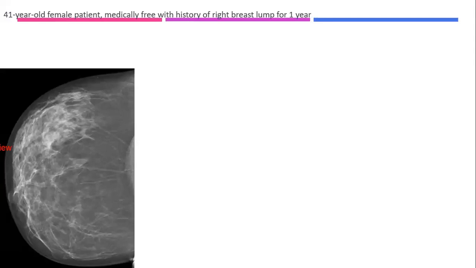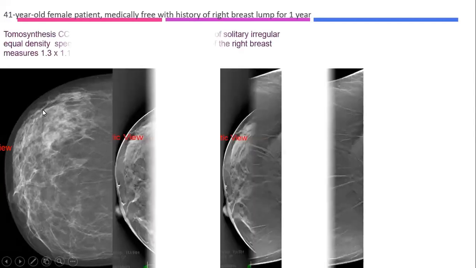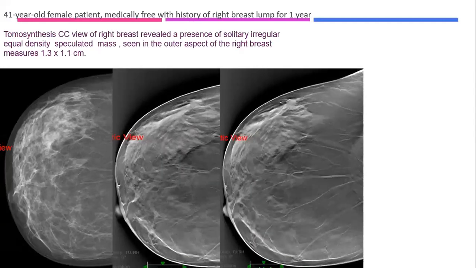If you look here, again, there is very subtle distortion to be seen. Look at the tomosynthesis. Look how it appreciates a spiculated mass at the same location.